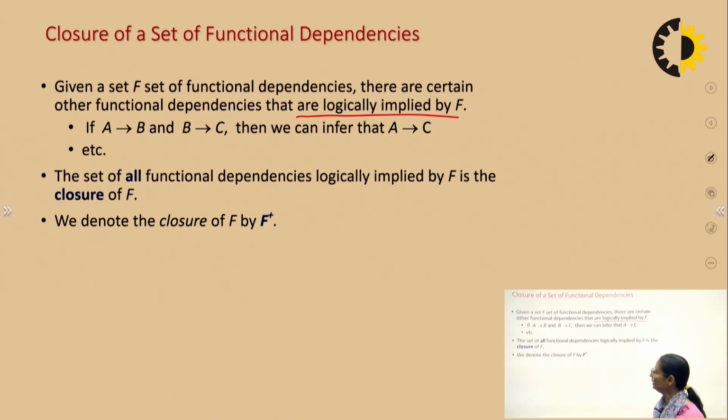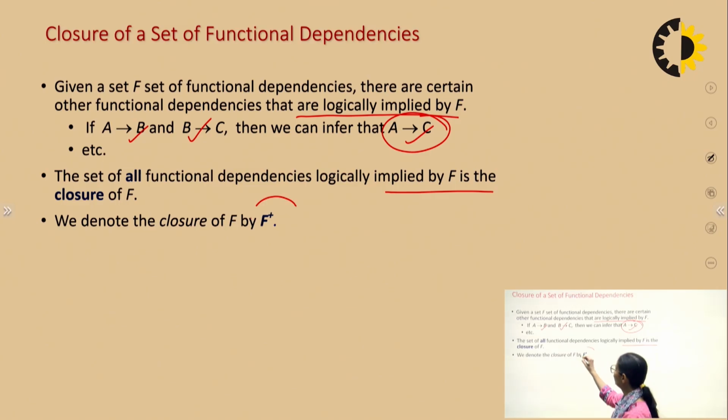So here, if A implies B and B implies C, then we can infer A implies C. If they are a part of my FD set, then this automatically becomes a part of my FD set. So the set of all functional dependencies which is logically implied by F, where F is my FD set, is the closure of F, and it is denoted by F with a plus sign as the superscript.